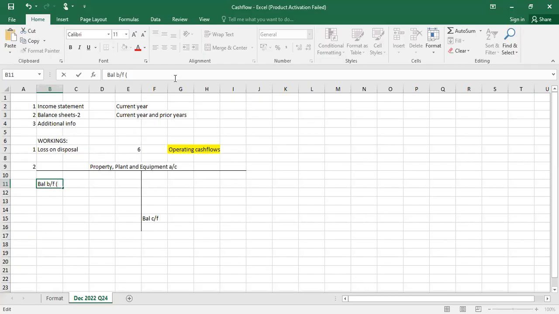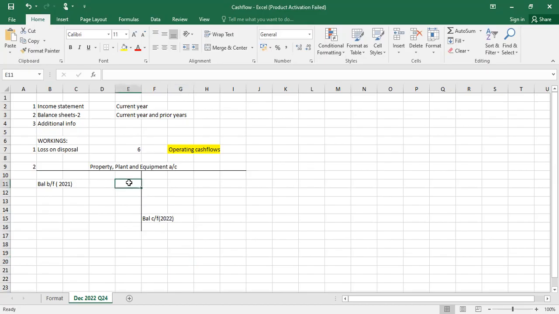The current year's balance sheet gives us the closing balances, and therefore the carried forward figures are the figures under the balance sheet for the year 2022. The opening balances will be the balances in the balance sheet for last year, the balances under the year to 2021.